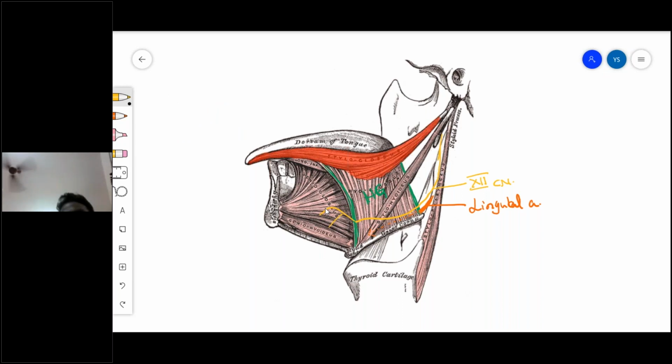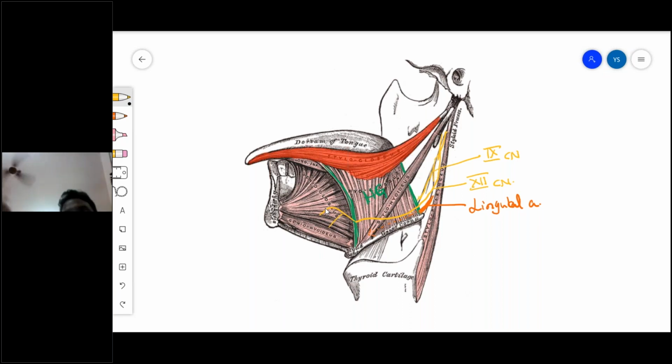And in this picture, one nerve is already drawn with yellow color. I am highlighting it. That is another cranial nerve, the 9th cranial nerve, the glossopharyngeal nerve. Is it clear?